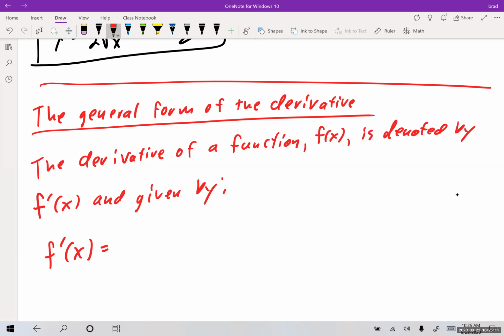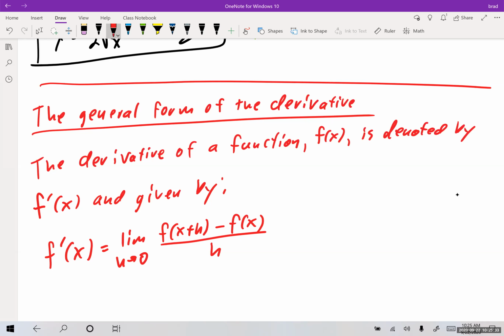Notice it's not at a, because you don't know the point, you're just finding the general derivative, right? The derivative for the entire function at any given point. Limit as h approaches 0 of f of x plus h minus f of x all over h. And I've also seen people use delta x and stuff like that, okay?